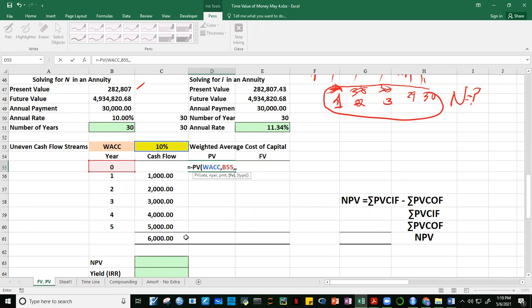Take note, this is not a uniform stream of cash flows. No? 1,000, 2,000, 3,000, 4,000, 5,000. Iba-iba yan. And also, ang kinukuha lang natin na present value, yung negative 9,000. Single cash flow lang yan. No? So, walang PMT. And the future value is itong 9,000. So we can ignore the type, control enter.